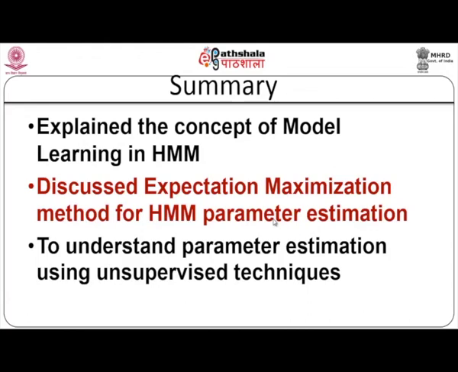Here we are not making any assumptions. You can start with a random or some educated guess, and you can keep on re-estimating the parameters of the model using the observation sequence. So, you can try to find a model that best explains the observation sequence.